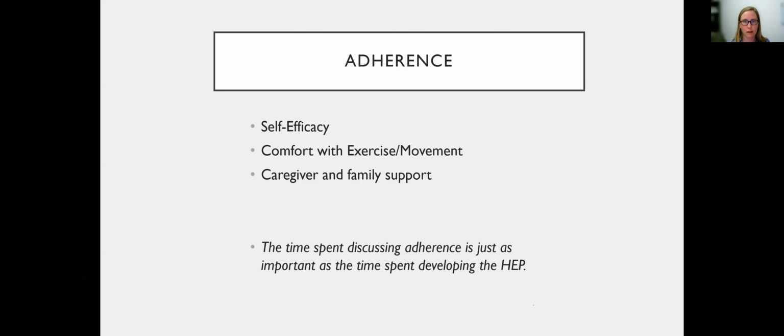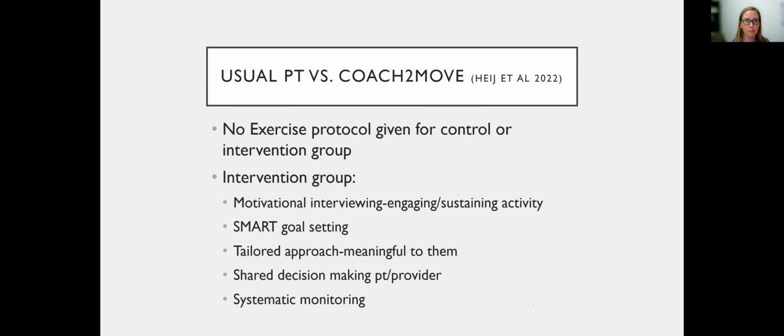And a big one, especially with our older adults, is comfort and reducing fear in incorporating exercise or movement within their mobility plan. And just to provide some research on this, of incorporating that behavior change into an actual intervention.